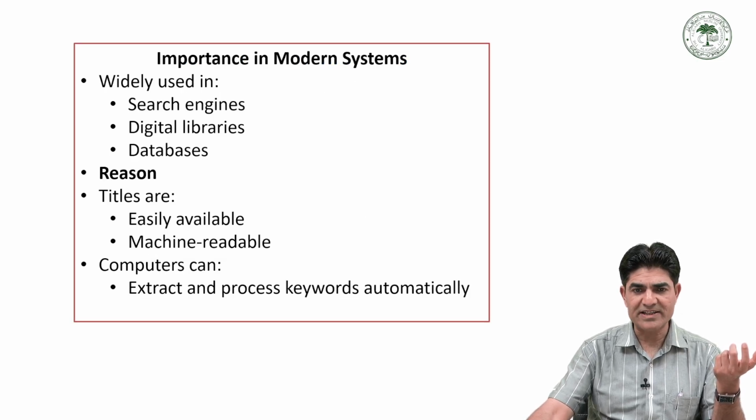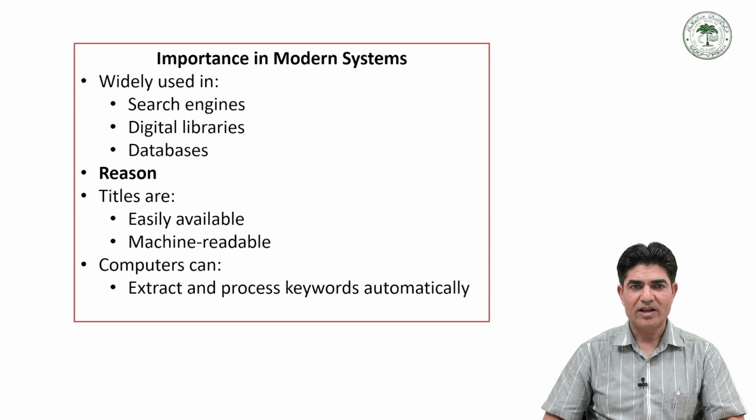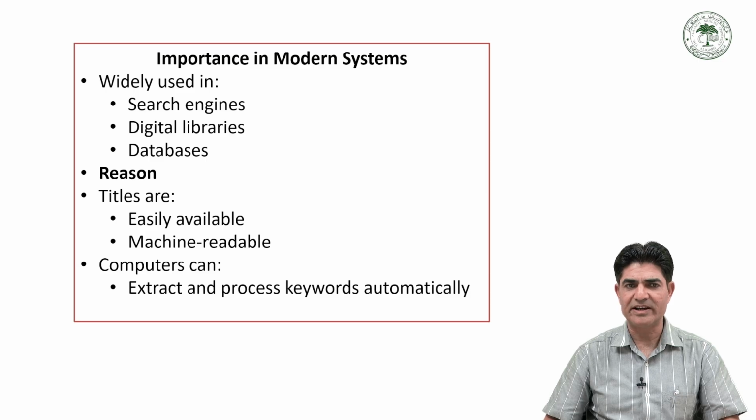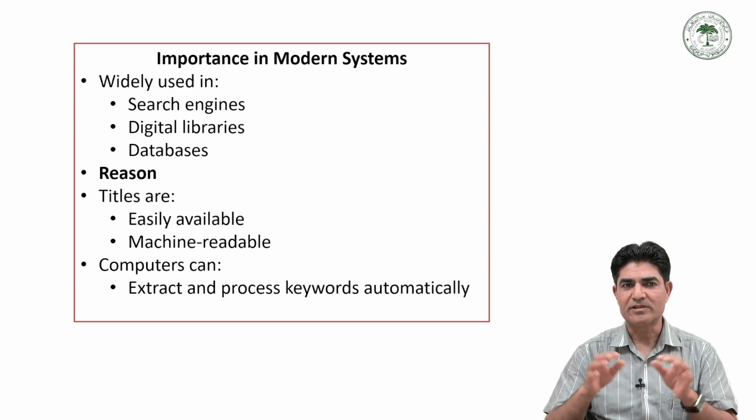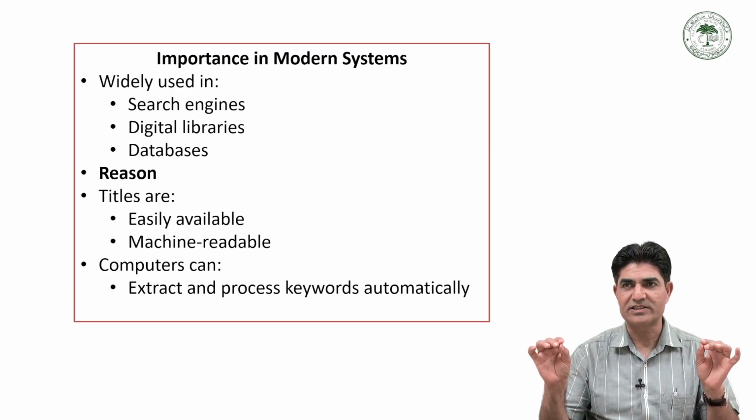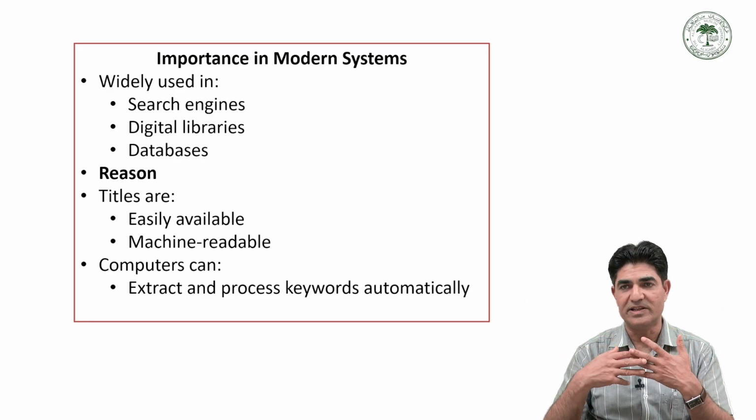So what is the importance of derived indexing or title-based indexing in the modern information retrieval system? They are widely used in different search engines, in different digital repositories or digital libraries, and in digital databases. If we take the example of a search engine, we will find that search engines like Google use spiders, and these spiders track new information published on different web pages.